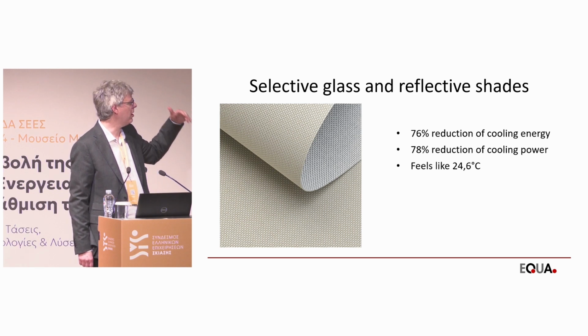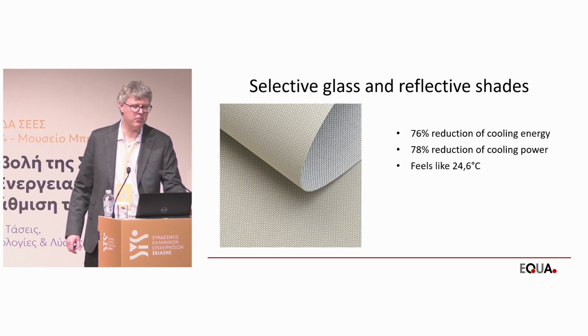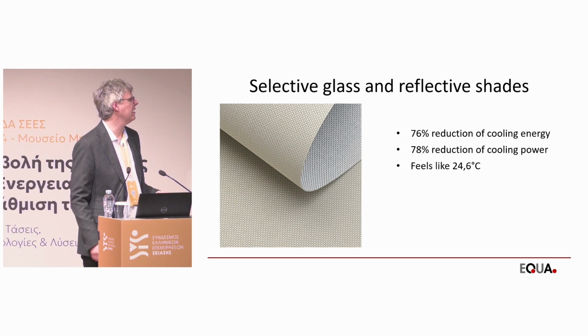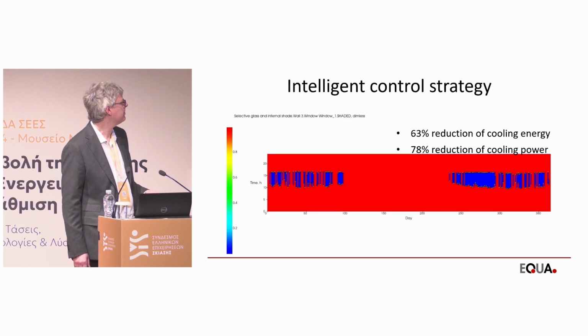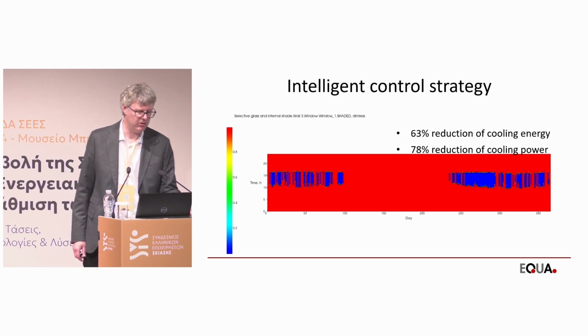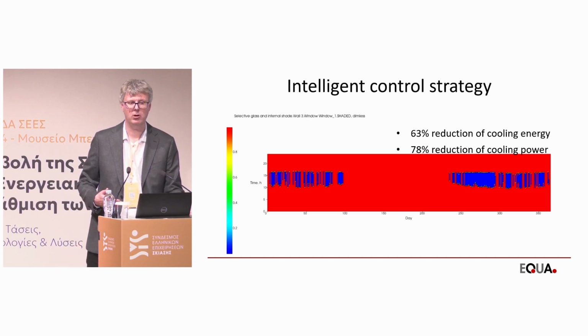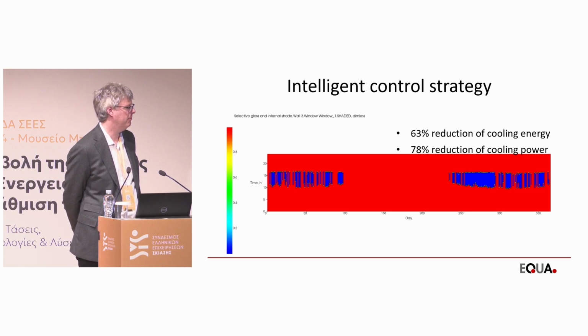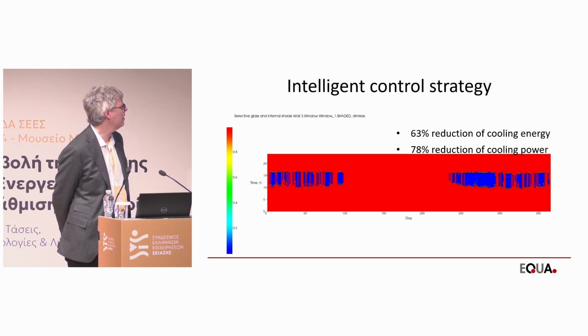And of course, in an office environment, we probably need some glare protection as well, so this could be a very nice example. We could also motorize it. I think we should motorize it, because otherwise the behavior will be more or less random.